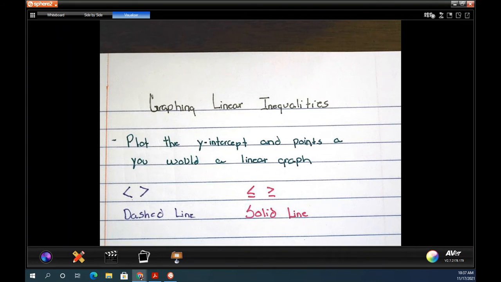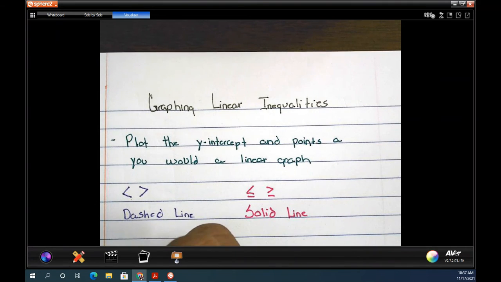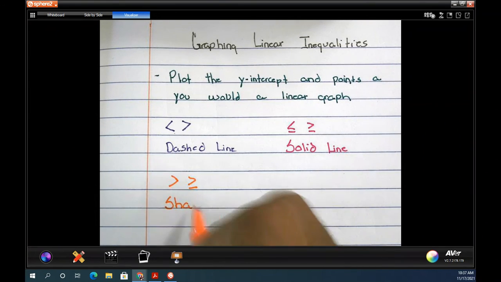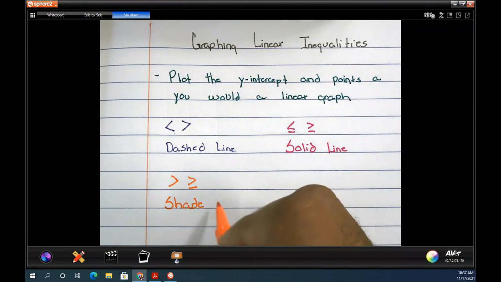After you decide whether it's solid or dashed, then you have to decide where to shade. If it's greater than or equal to, shade above. Greater than, you're on top. Any type of greater than, shade above.